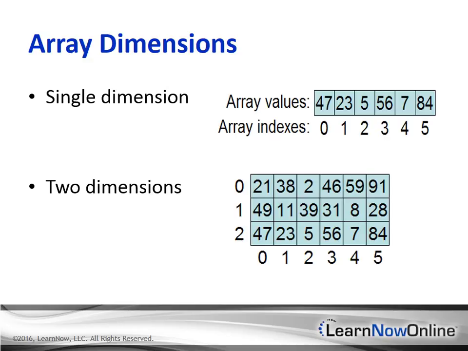So now you have array indexes in both directions, and I can reference each of those individual elements. Essentially, this becomes an array of arrays. And that way of looking at it is useful, particularly when I start showing you some of the syntax that you can use in order to initialize the value of arrays. That really hits home that this is an array of arrays.